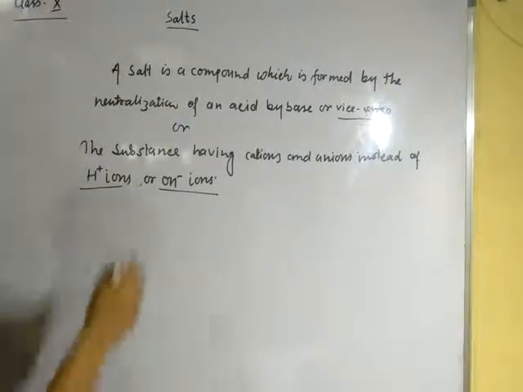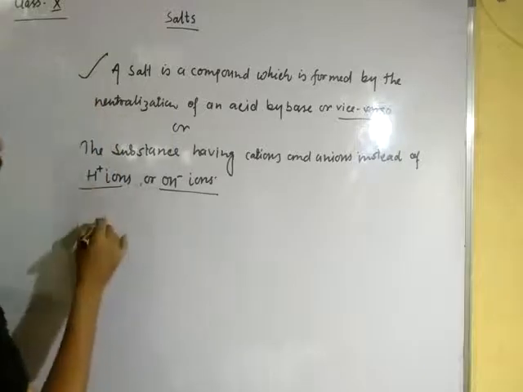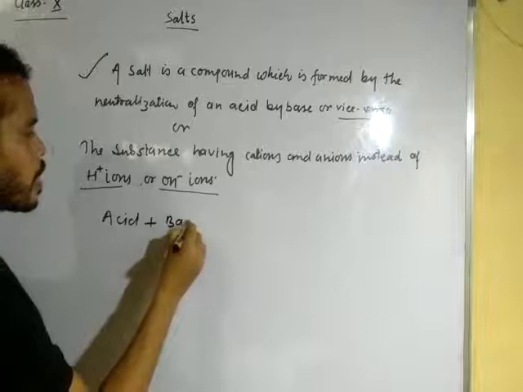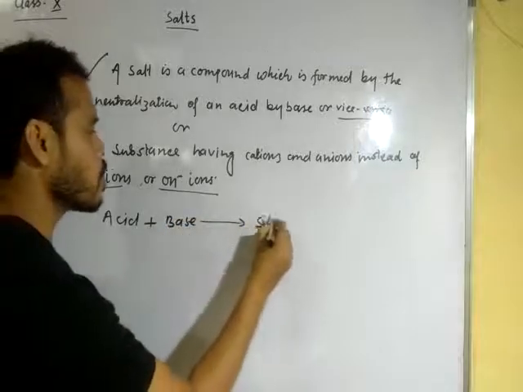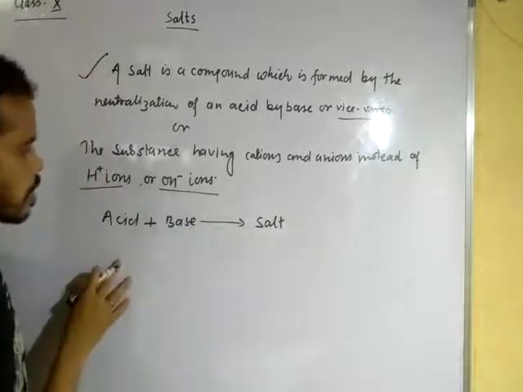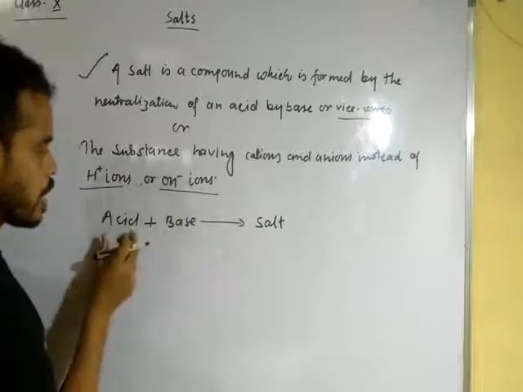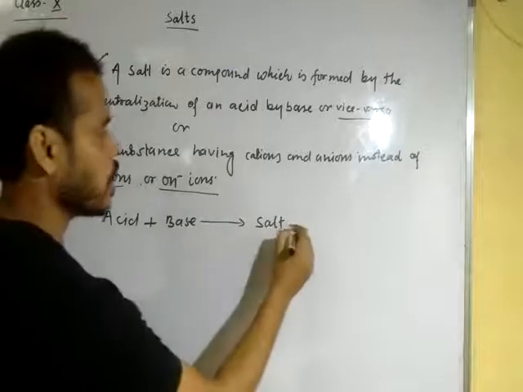According to this definition, when acid reacts with base to form salt, or you can say when acid is neutralized by base or base is neutralized by acid to form salt and water.